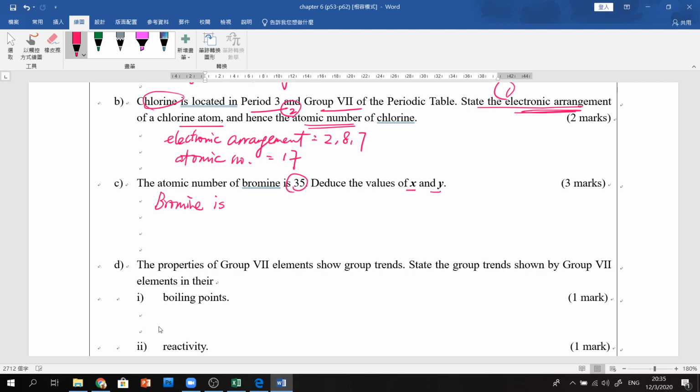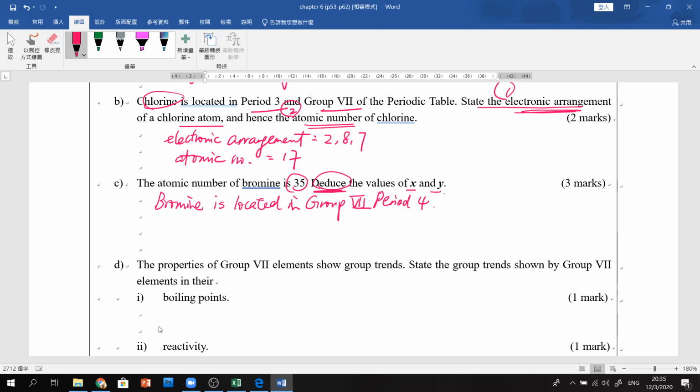Okay, so deduce. You are going to give me reasons. Underline the term deduce. Bromine is located in group 7, period 4.